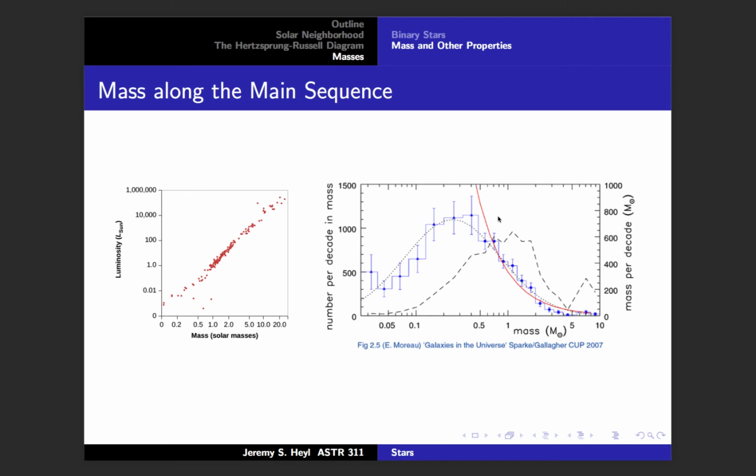That's what this red curve is showing. Now the other curves are showing how each star contributes to the total mass of stars in the neighborhood and the light. So the light is dominated by brighter stars, right? Bright stars make more light, so they contribute more, even though there are relatively fewer of them.